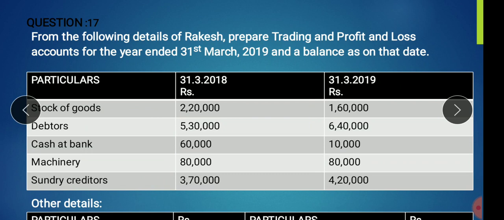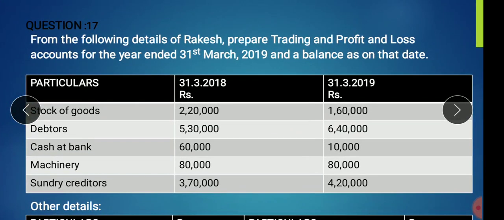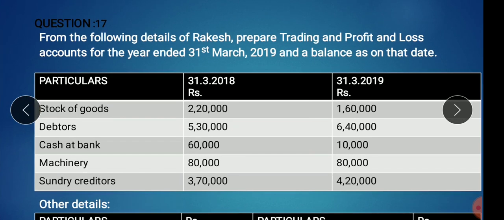Debtors 5,30,000, 6,40,000. Cash at bank 60,000, 10,000. Machinery 80,000, 80,000. Creditors 3,70,000, 4,20,000.